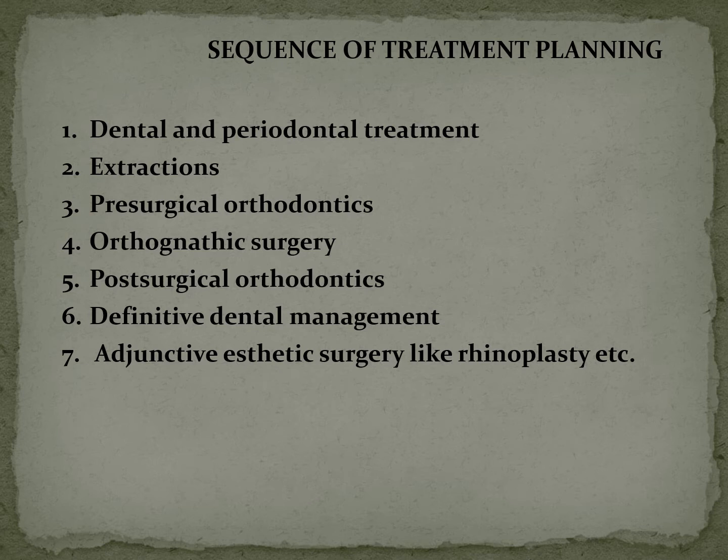The treatment planning depends upon, first you will go for the dental procedures, the fixation, and after that only we will go for the orthognathic surgery, and post surgical orthodontics will be done. Then dental treatment will be done, and aesthetic surgery like rhinoplasty will be done.